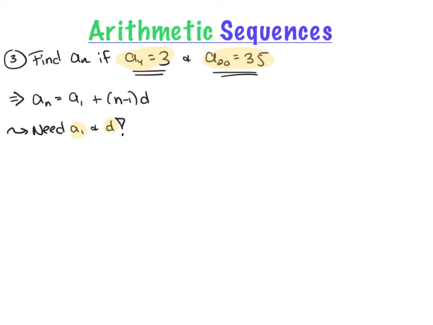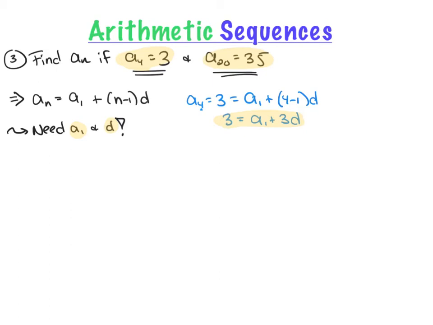Okay, so here we go. If A4 is 3, that means A1 plus, let's see, n is 4 here, 4 minus 1 times D. In other words, 3 equals A1 plus 3D, from our first equation.